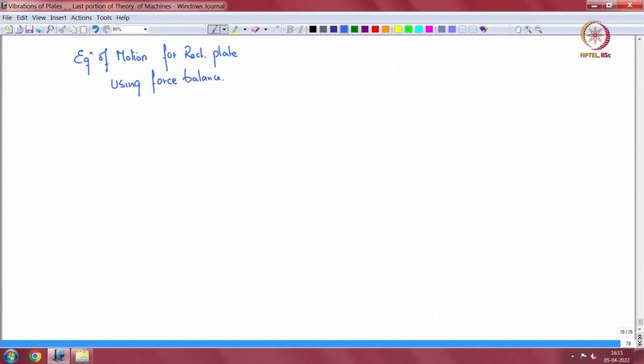Okay. So I will now use the familiar notation. U is the displacement in the x direction, v is the displacement in the y direction, and w the displacement in the z direction. Okay, so my plate looks like this.